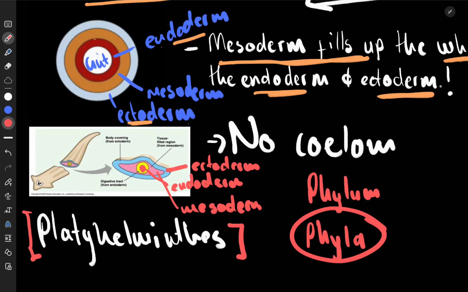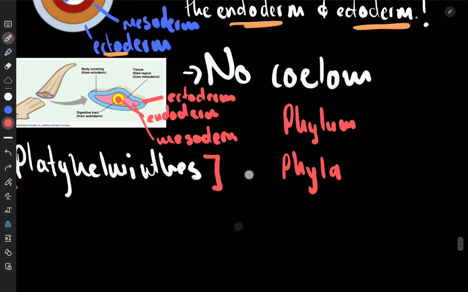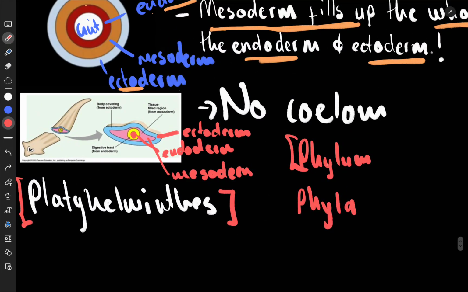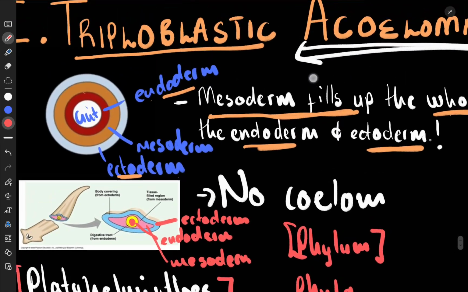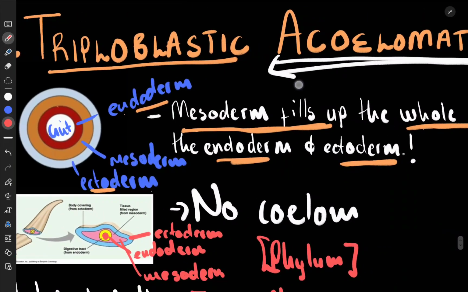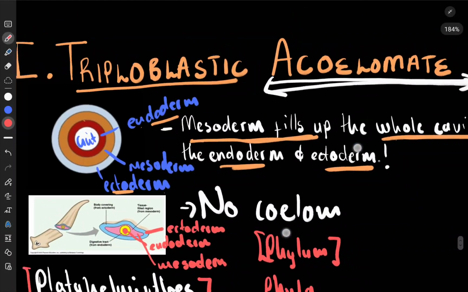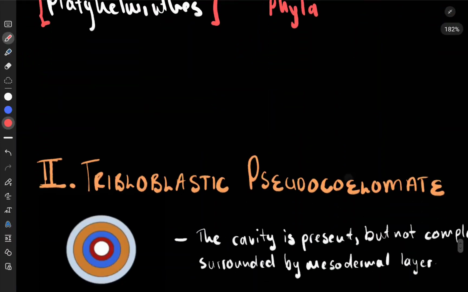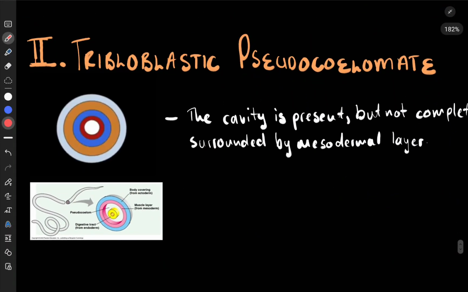So we are talking about the animal phyla. Okay, Platyhelminthes is one phylum out of the six and is the only triploblastic acoelomate. Don't forget that.